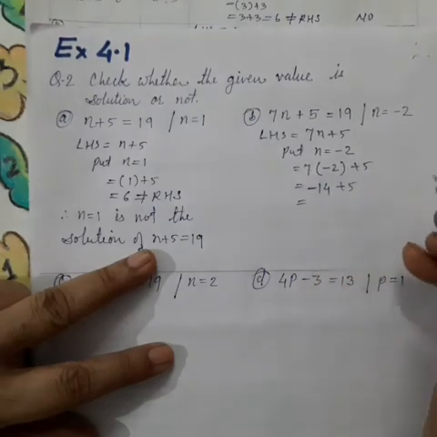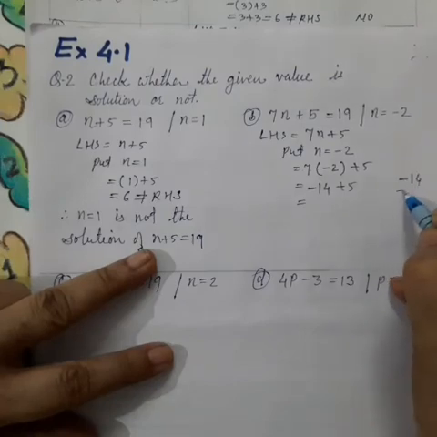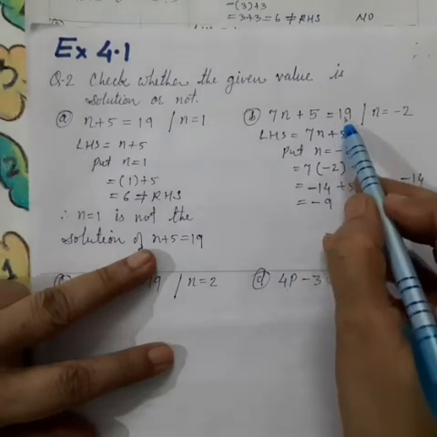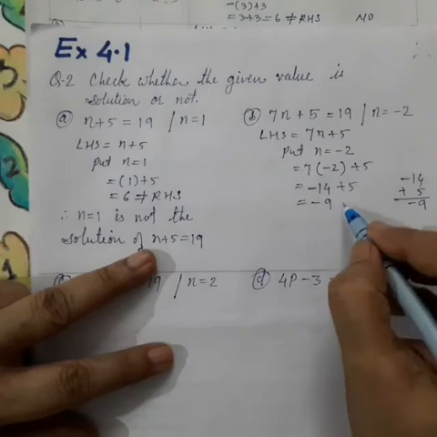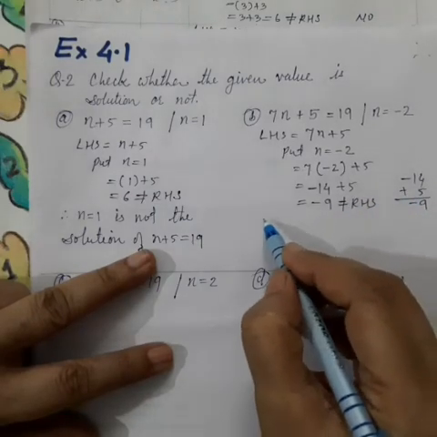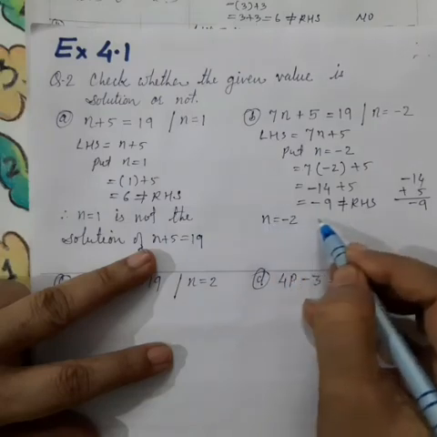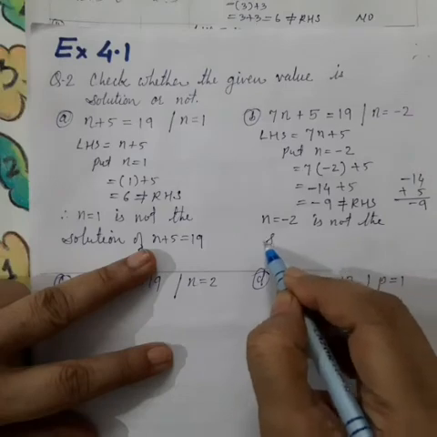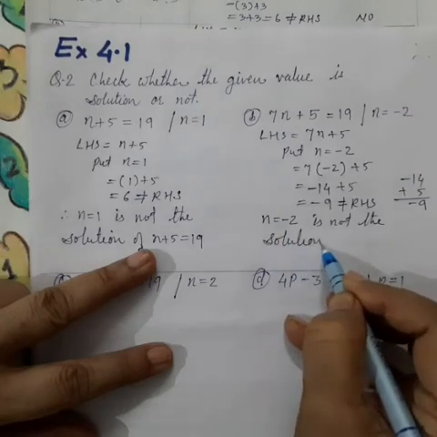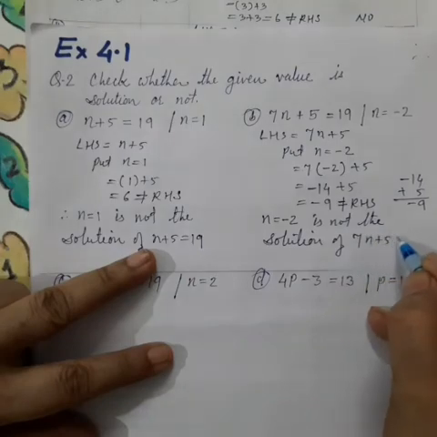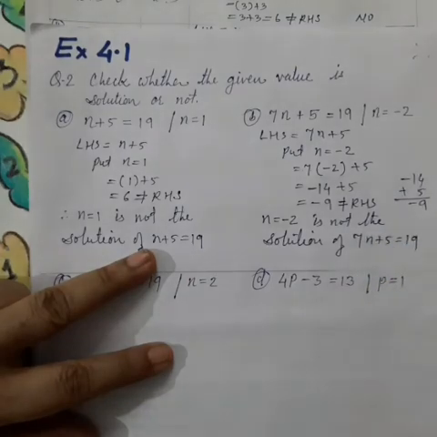Now no multiplication there. Write vertically and add. We will get minus 9. Minus 9, but our right hand side is 19. So it is not equal to the right hand side. Again n equal to minus 2 is not the solution of this equation, 7n plus 5 equal to 19.